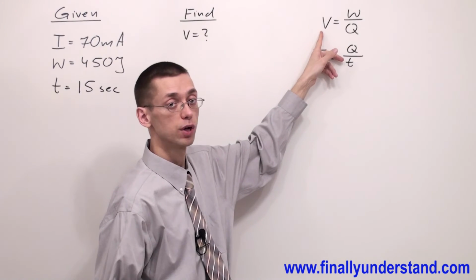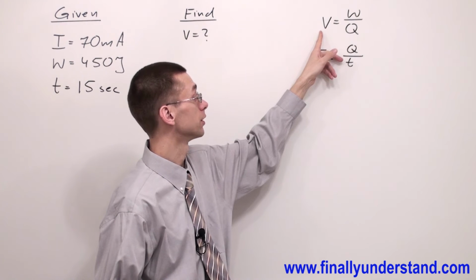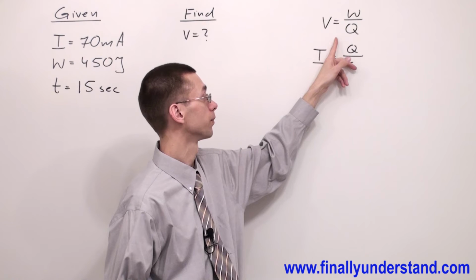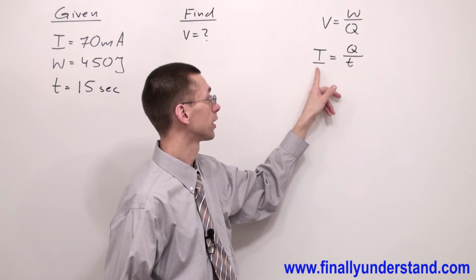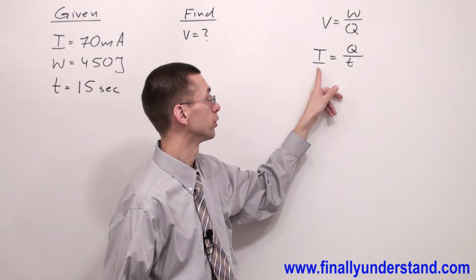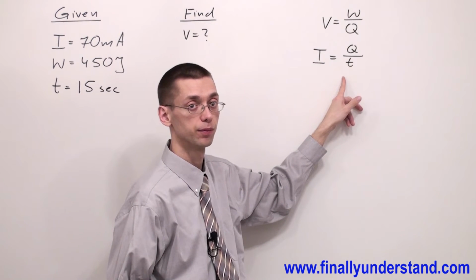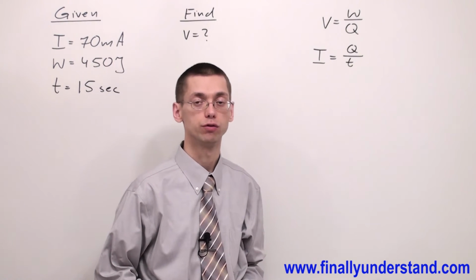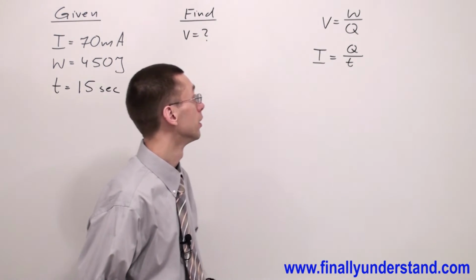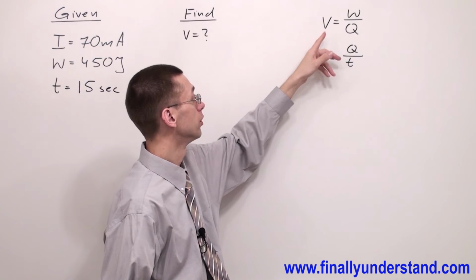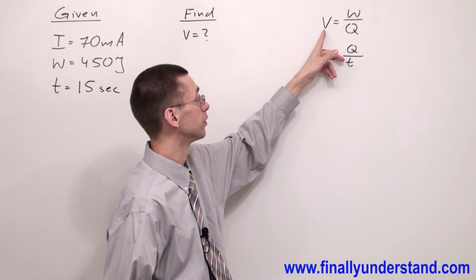We have a formula for voltage which says voltage is equal to energy divided by charge. Also we have the current formula, which says current is equal to charge over time. Why did I put these two formulas on the board? Because the first one is going to allow me to find voltage.